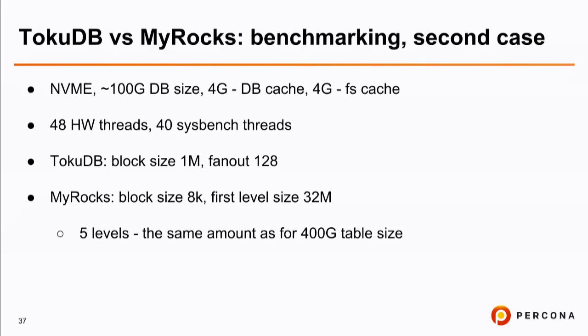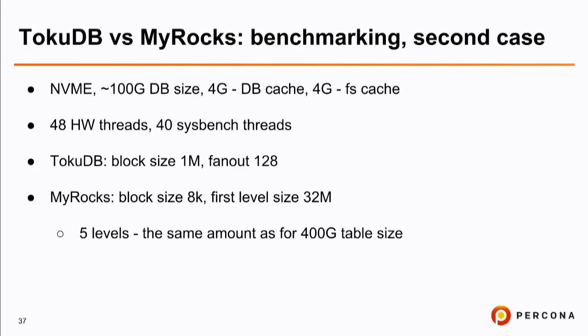Okay, let's continue. We decided to decrease table size because it takes too long to generate 400 gigs of data. Also, we decreased memory size to keep the loads still IO bound.